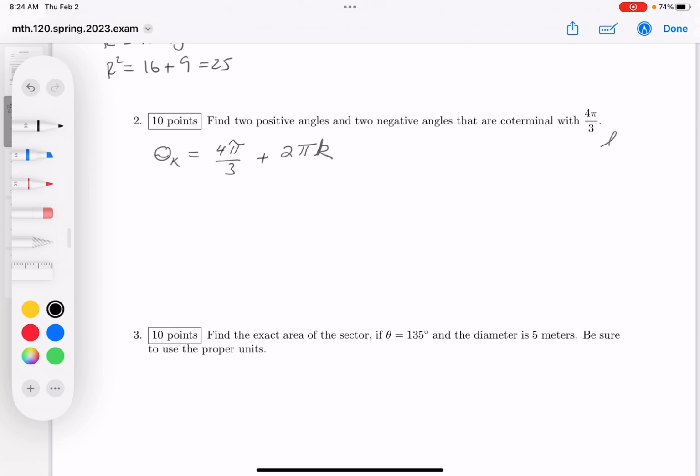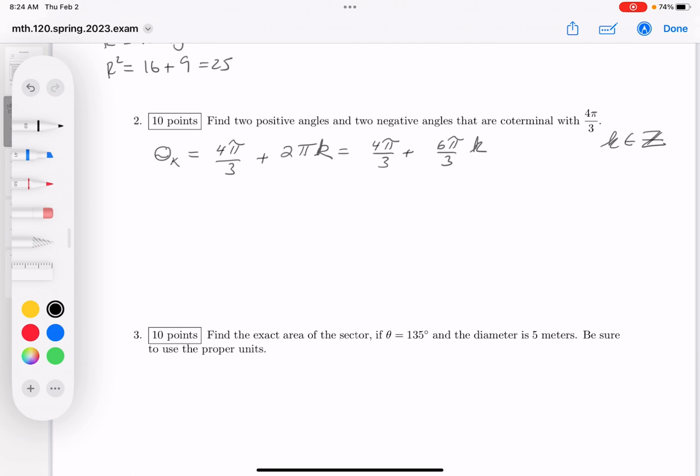The understanding is k is any integer in the universe. All right? So I want to write it a little bit differently. I'm going to write 4 pi over 3 plus 6 pi over 3 k. Why would you do that? To make the arithmetic easier. Let's start writing some down, all right?